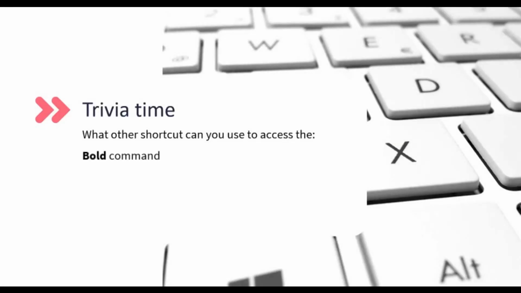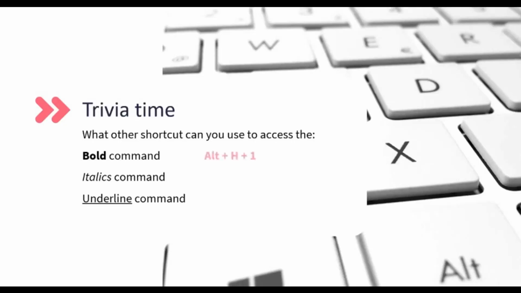On that point, it's trivia time again. What other shortcut can you use to access the bold, italics, and underline commands? With these 3 commands, you can make your spreadsheet go from 0 to magical. But how else can you access them apart from the Control key? Did you know that you can use the Alt key on your keyboard?